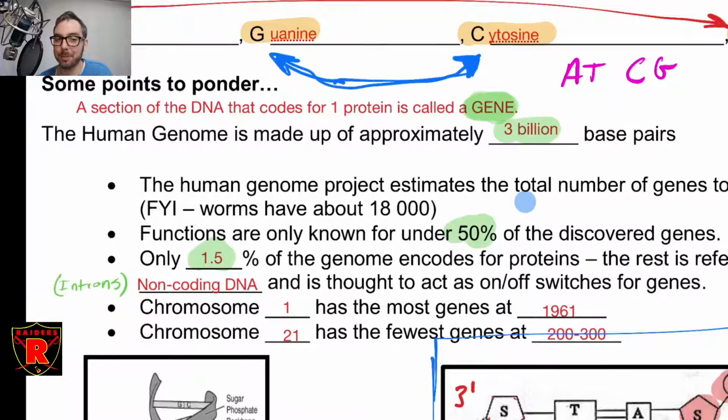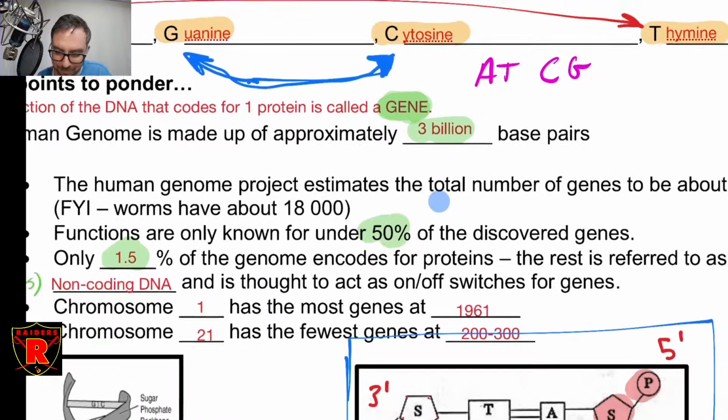And remember that every time you make a copy of your cells in mitosis, you have to make a copy of the entire thing. A perfect 3 billion base pair copy. It's not perfect, by the way. You make errors every single time, but you try and make it as error-free as possible. Considering how long it is and how often you do the copying, we have a remarkable ability to have low errors. But it's long. Okay, 3 billion base pairs.